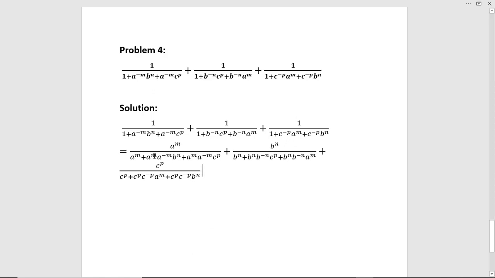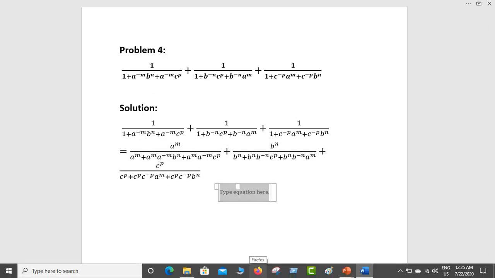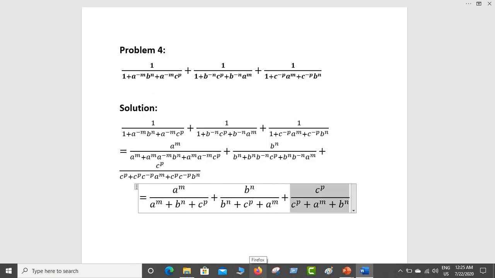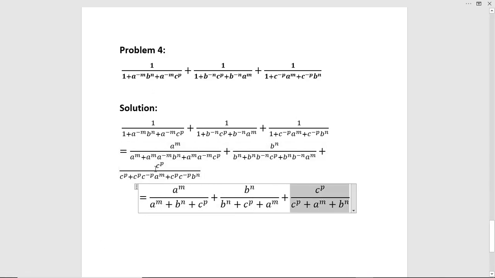A to the power m is multiplied in both here, b to the power n is multiplied with denominator and numerator of the second, and with denominator and numerator of the third expression we will multiply c to the power p. So we'll get it this way, and now you'll get this expression: a to the power m and a to the power minus m, that is a to the power m minus m, that is a to the power 0, a to the power 0 equal to 1, therefore b to the power n will remain here.